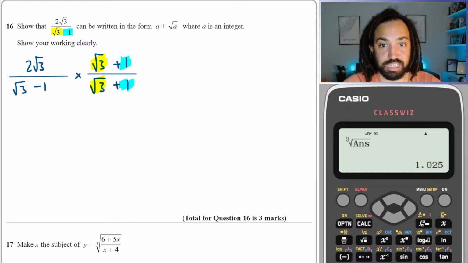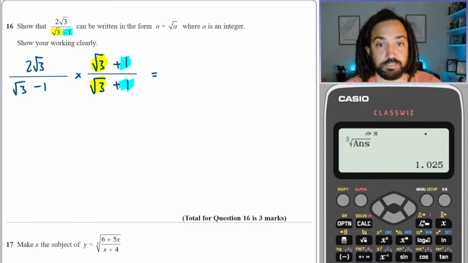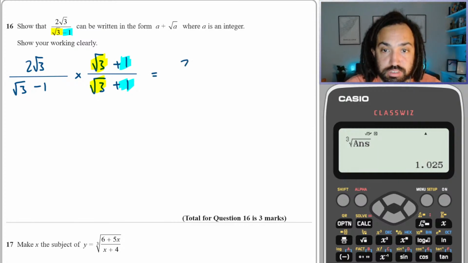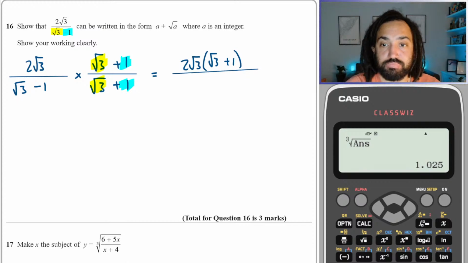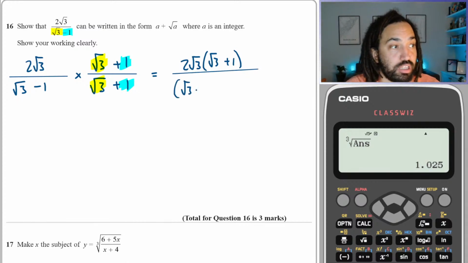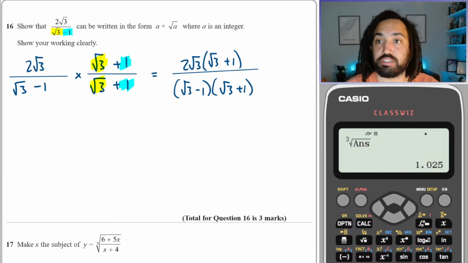So that is how you rationalise the denominator of a surd that looks like this. Okay, now to make it easier for myself, I just like to put it into brackets like this. I find it easier to see what's going on, and I don't want to miss anything.